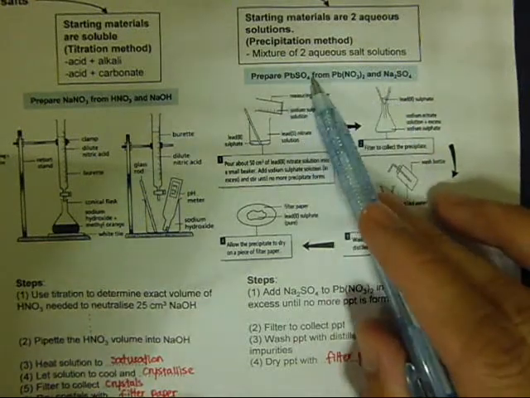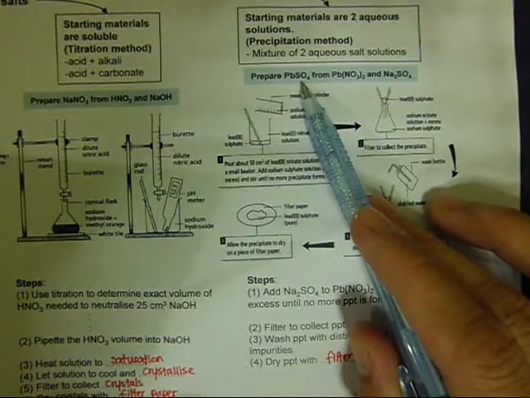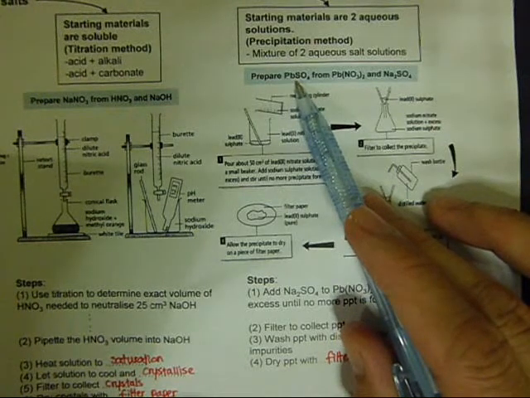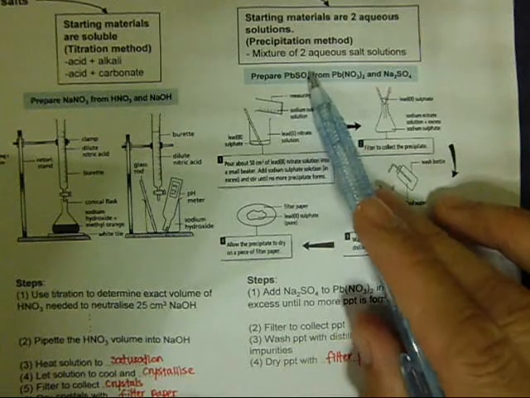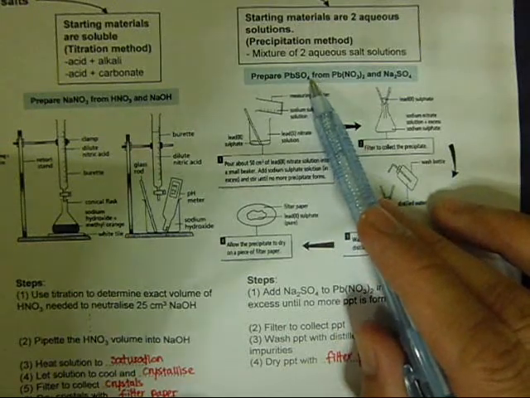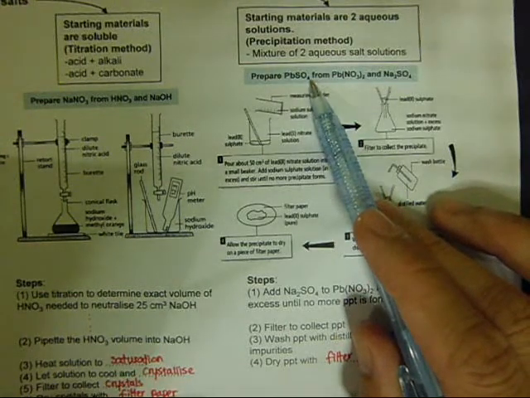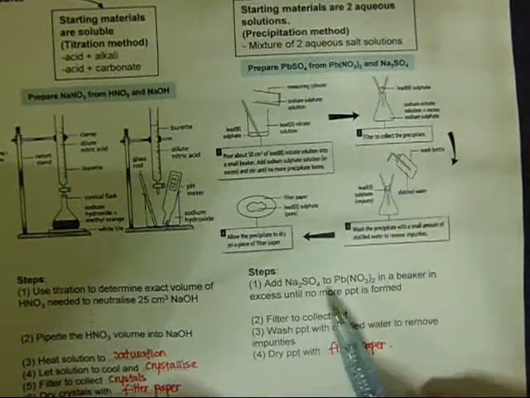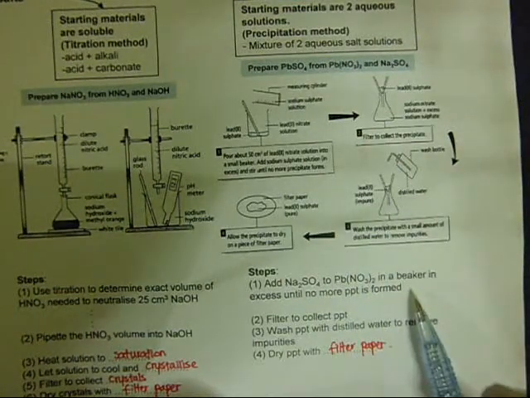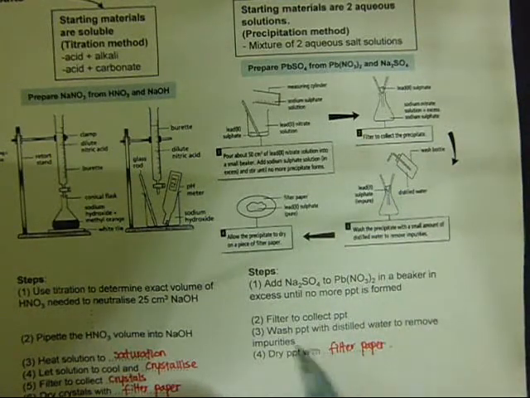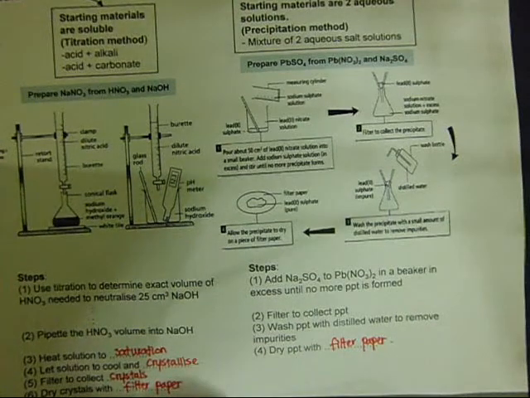From the name lead-2 sulfate, the first starting material must be lead-2 something, and you have to make sure it is soluble. The second must be something sulfate, and you have to make sure it is soluble. Then add the reactants in excess to each other until no more precipitate is formed, and just follow the steps here.